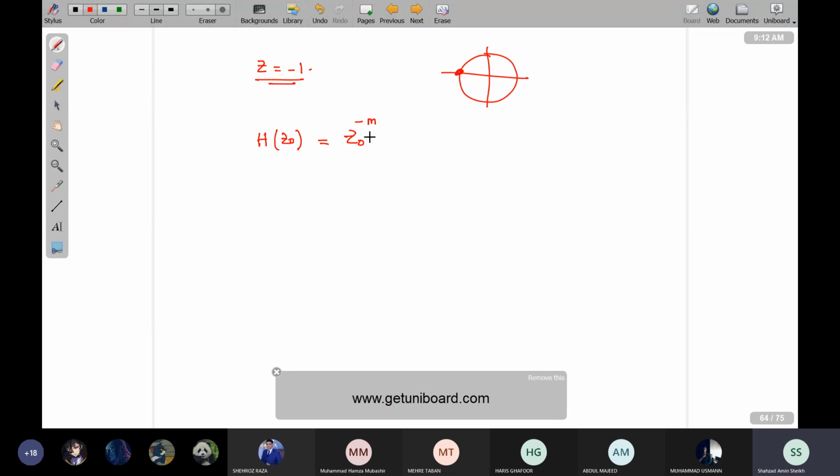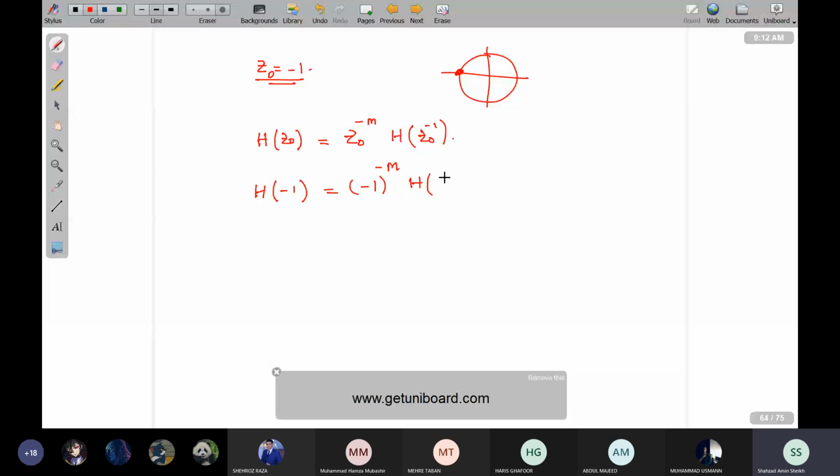Z0 raised to power minus m h of Z0 inverse. Now we are saying that the location Z0 is equal to -1. So what will happen? h of -1 is equal to -1 raised to power minus m and h of 1 over -1.